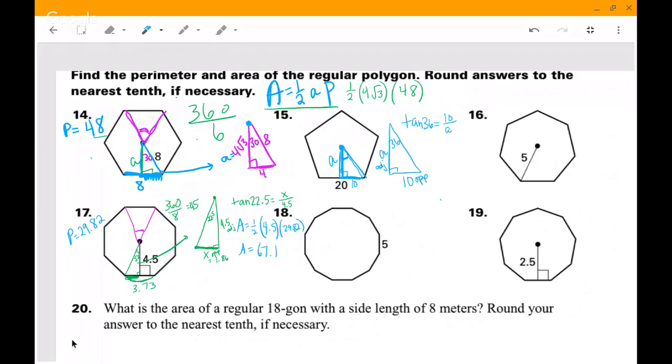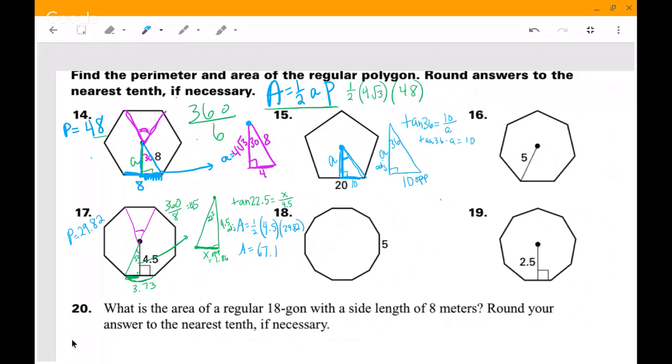And this one, just as a reminder, in 17, you did tangent 22.5 times 4.5 because it was in the denominator. But this one, you're still thinking cross multiply. Tangent 36 times A equals 10.